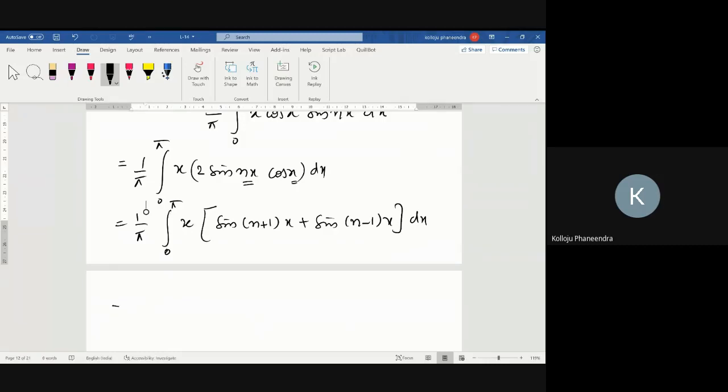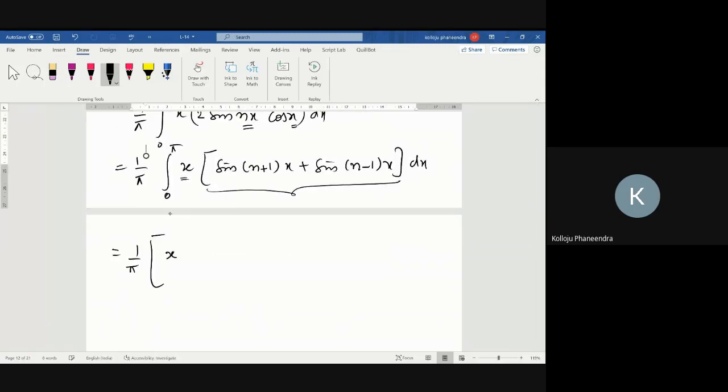Okay. Now by parts formula, 1 by pi, x is derivative part and this entire bracket is integrating part. X as it is, first this one integration: minus cos (n plus 1) x by n plus 1, minus cos (n minus 1) x by n minus 1.